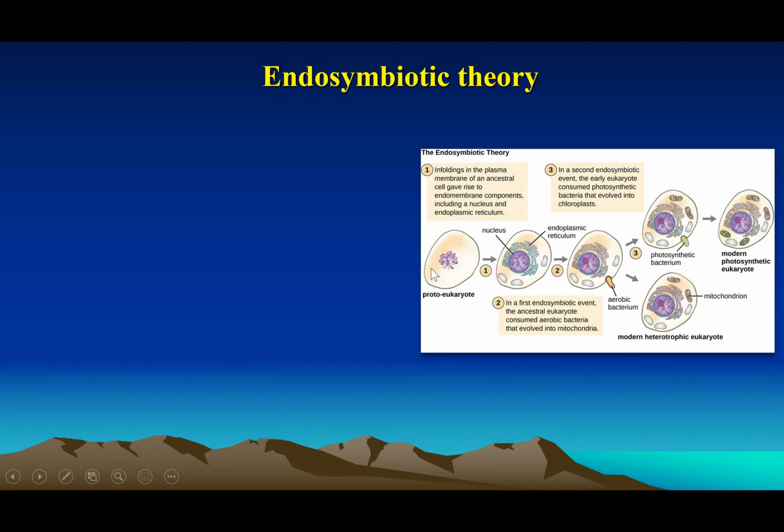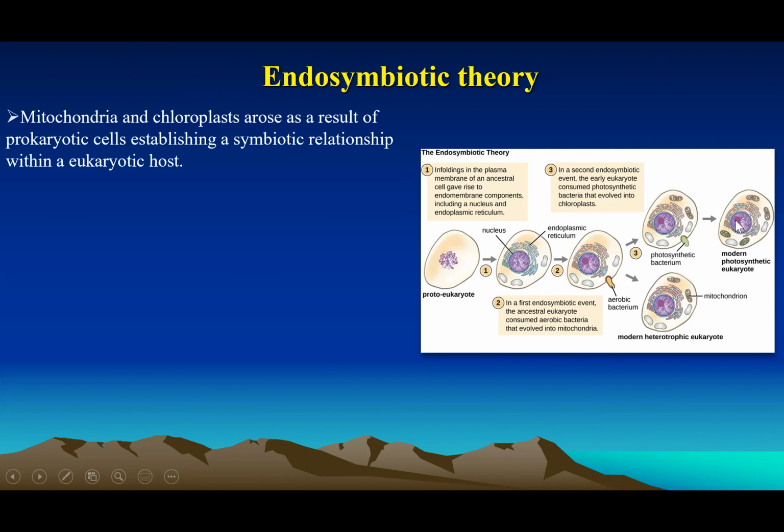So a pro-eukaryotic cell didn't have mitochondria and chloroplast. The cell membrane invaginated and captured a mitochondrial prokaryote and a chloroplast prokaryote, an aerobic bacterium and a photosynthetic bacterium. So it is a symbiotic association.